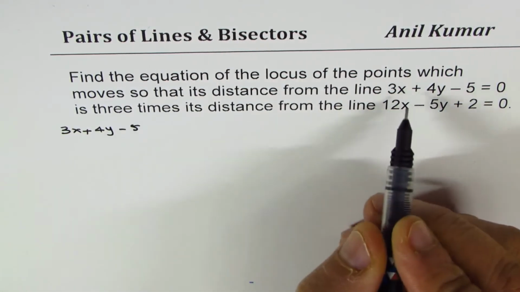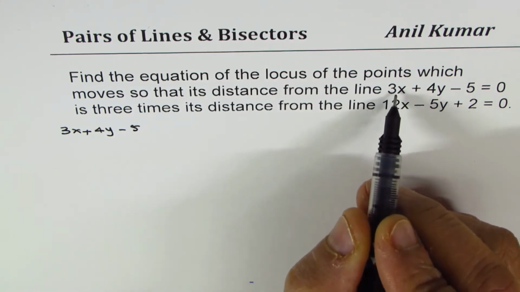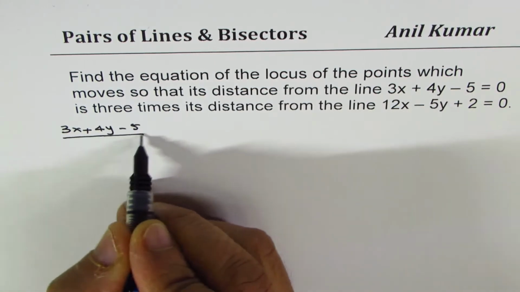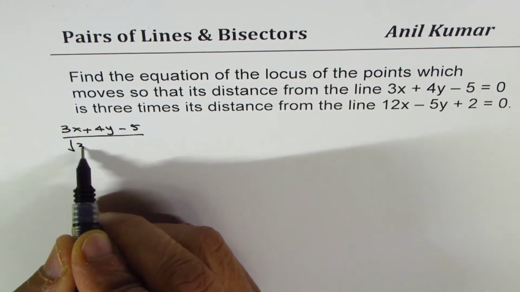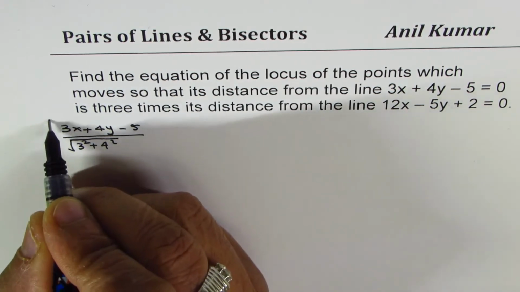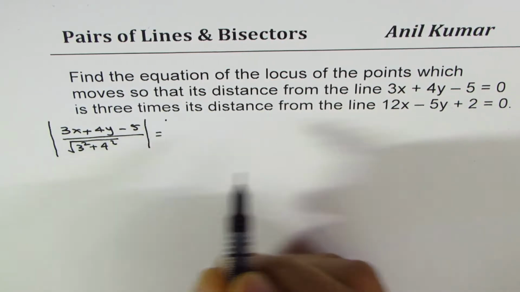minus 5. So let x, y be a point. Then the distance from (x, y) to this line will be 3x plus 4y minus 5 divided by square root of 3 square plus 4 square, right? Distances are always positive values, so we write absolute value, right?